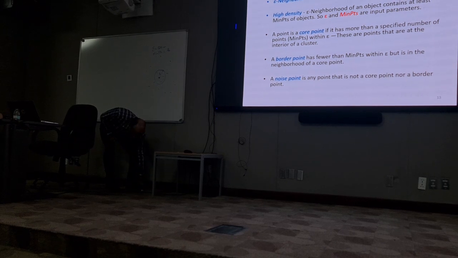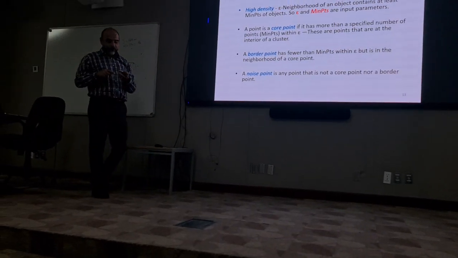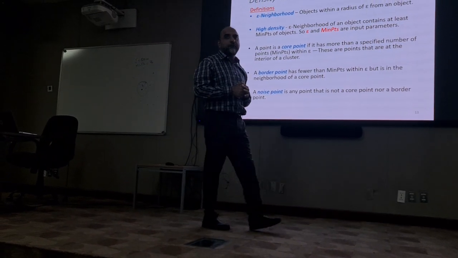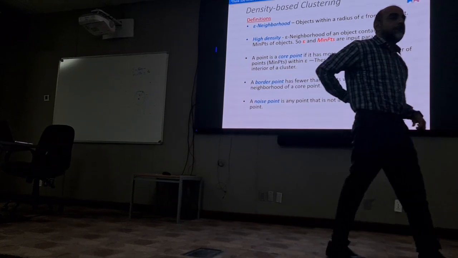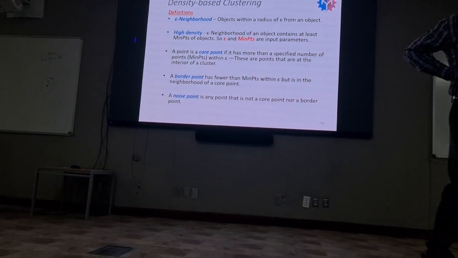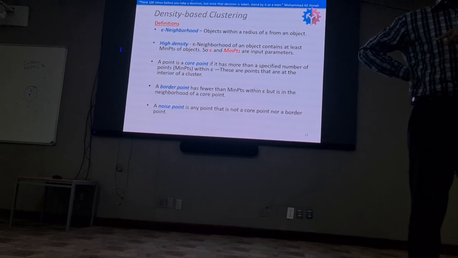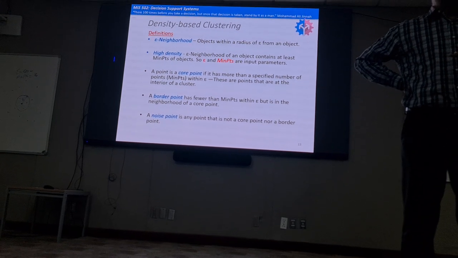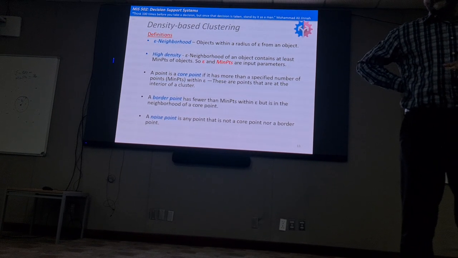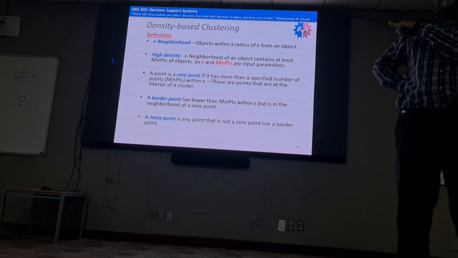Pick any number. So if I find at least three points in my neighborhood, I'm going to call myself to be in a dense region. So I need to have at least this many neighbors.